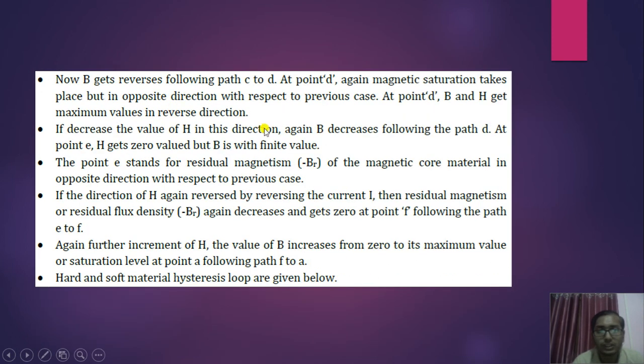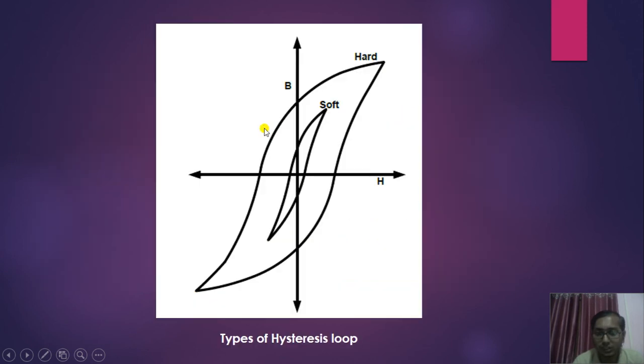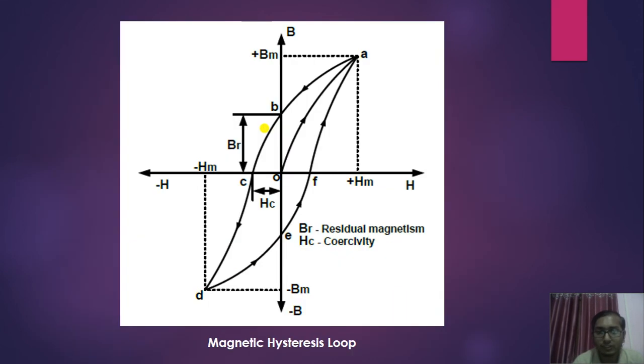Now B gets reversed following the path C to D, and here again the magnetic flux density becomes maximum. If you keep increasing this magnetizing force, B will not increase any more.